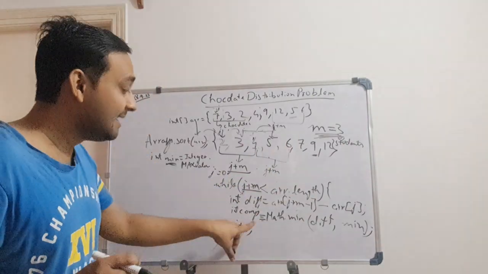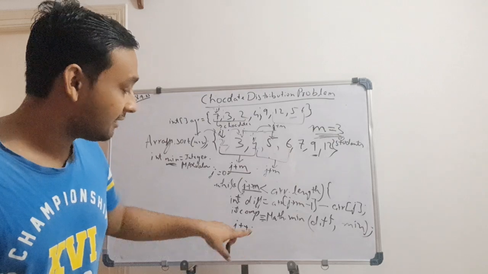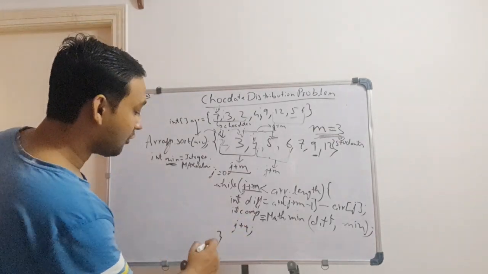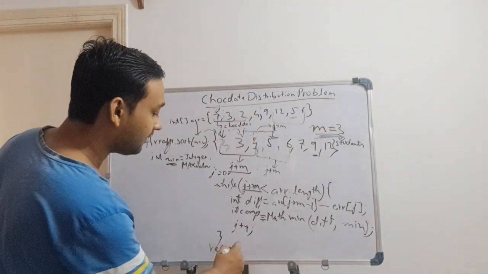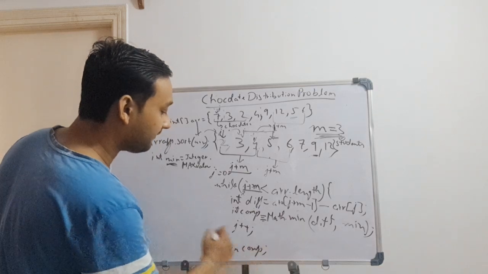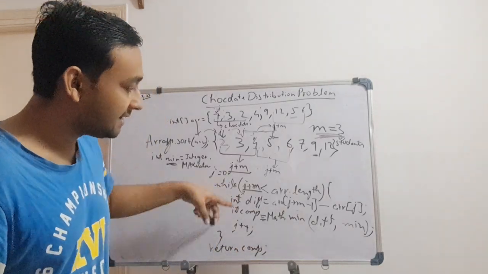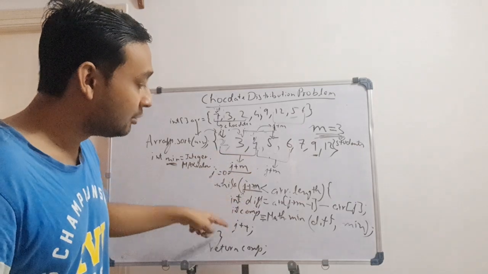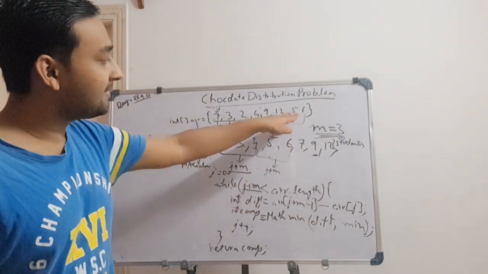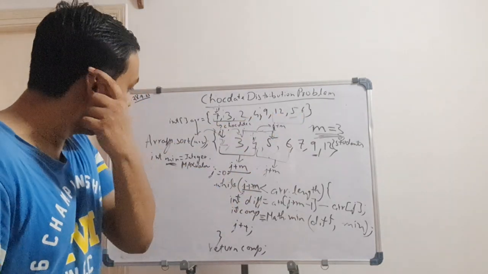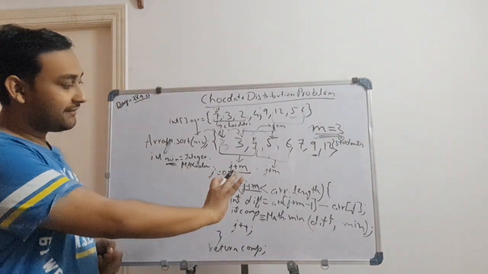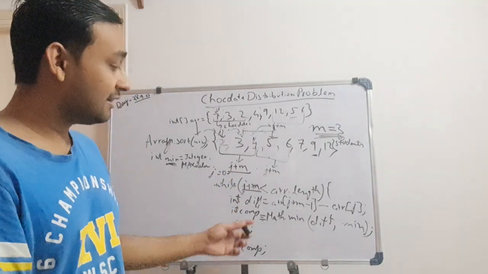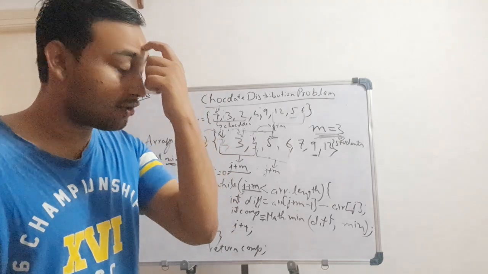The minimum value will be stored in the comp variable, and then comp will be returned from here. Then j plus plus will happen, and this loop will keep on going till j plus m is less than array.length. Like this we have to write the logic, and you can just do it on your laptop. You will get the output properly.